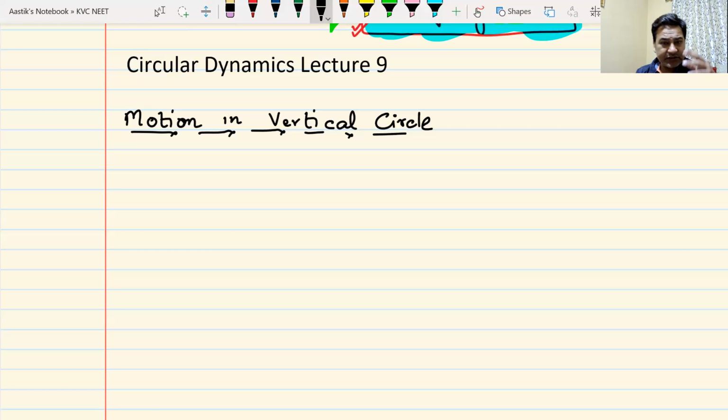Now again, this motion in a vertical circle can be discussed under certain headings, and these headings may get confusing at times, and I will try my best for them not to sound very confusing, but again, you have to be patient and try to understand as you go.